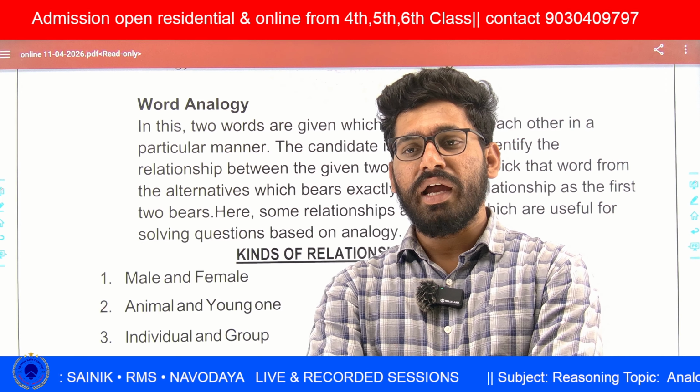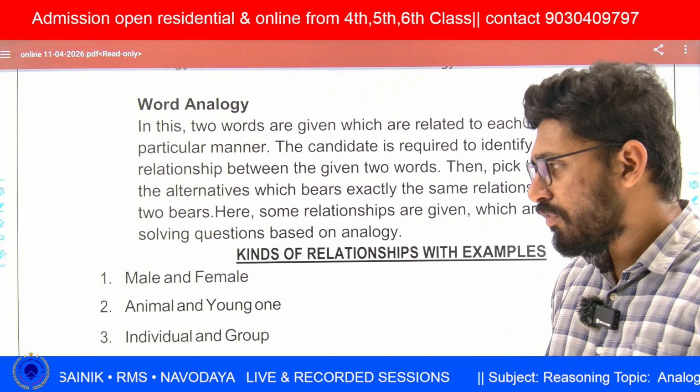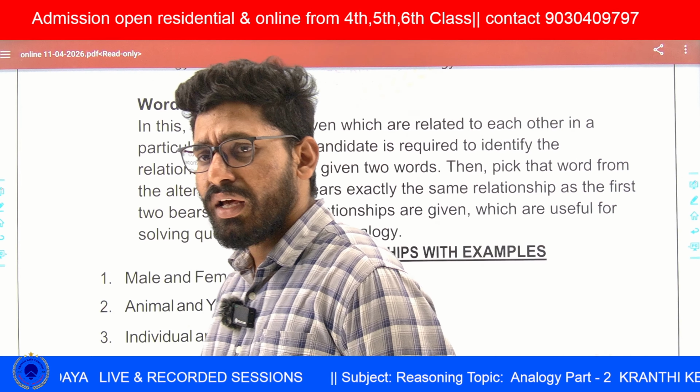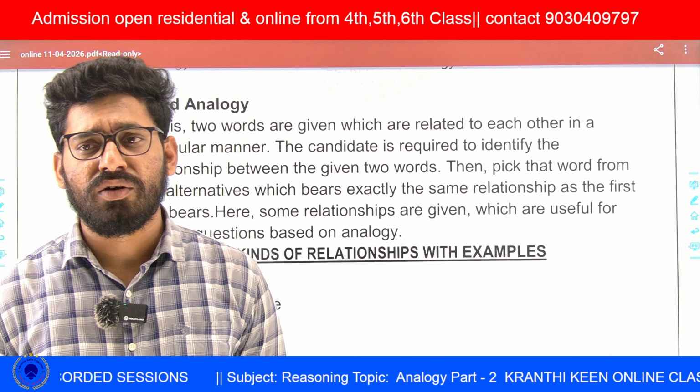Yesterday I showed you one example based on word analogy, isn't it? You need to learn some basics. You should have some basic knowledge, then only will you be able to choose from the alternatives. For that, we are learning some basic knowledge to solve word analogy.